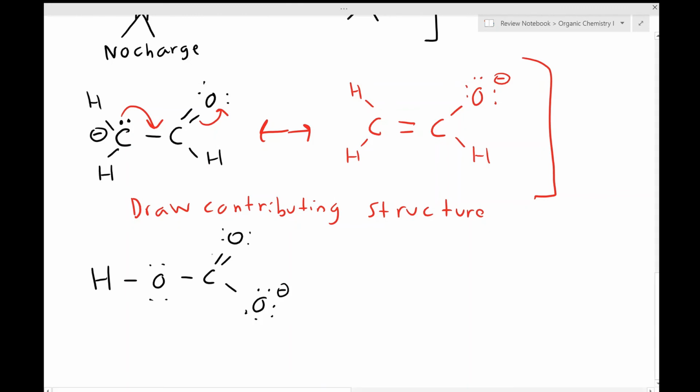We have this double bond moving onto this oxygen, and a lone pair here creating a double bond. So what we end up with, hydrogen stays the same as oxygen, nothing's going on here. Then this carbon created a double bond again. You have this oxygen with only 2 lone pairs now, 6 electrons total, so that is neutral. This carbon goes to a single bond, and this oxygen has 3 lone pairs, and now this one will be negative.